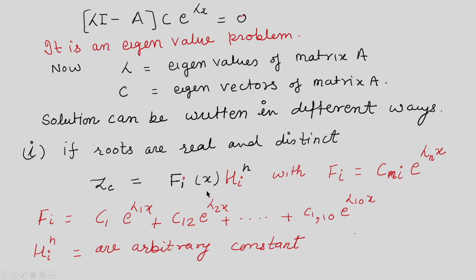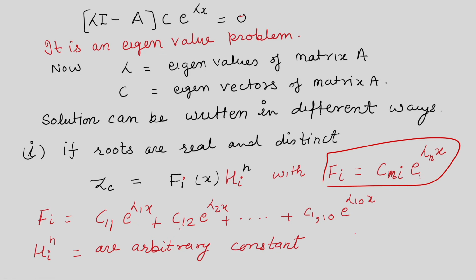So, Fi can be written as C1 e raised to power of lambda 1 x, up to Cni e raised to power lambda n x.